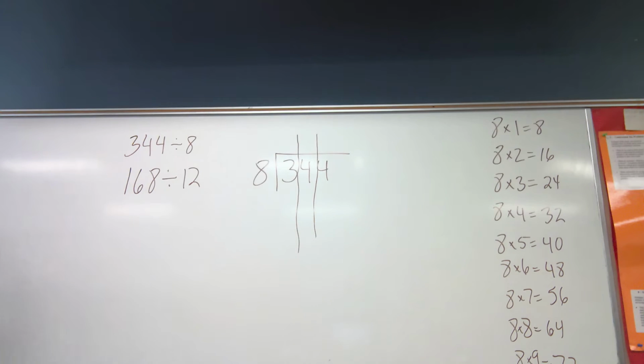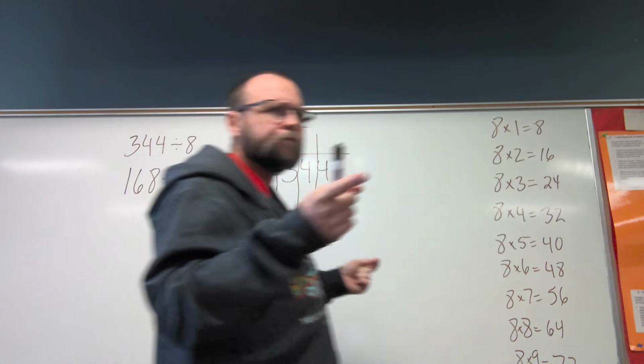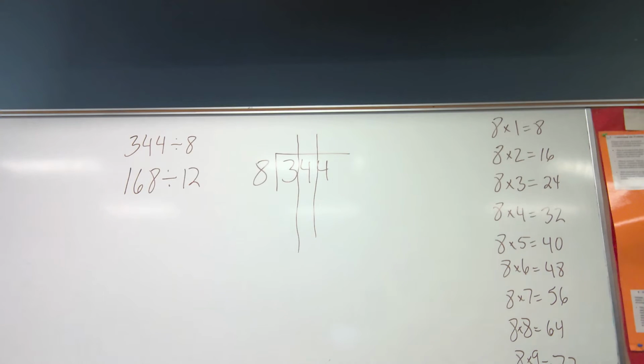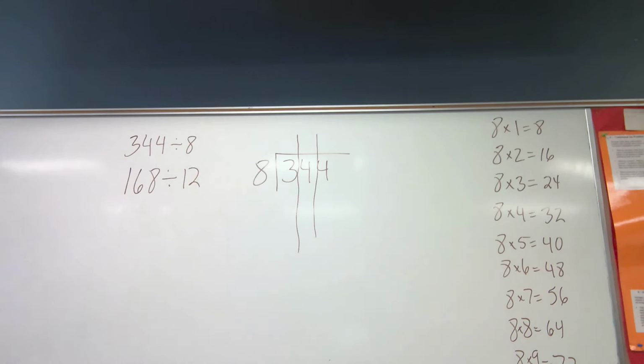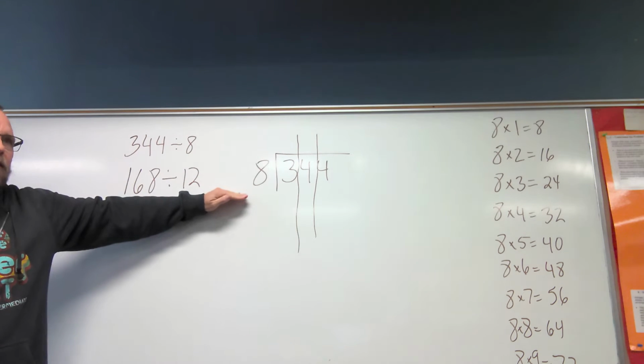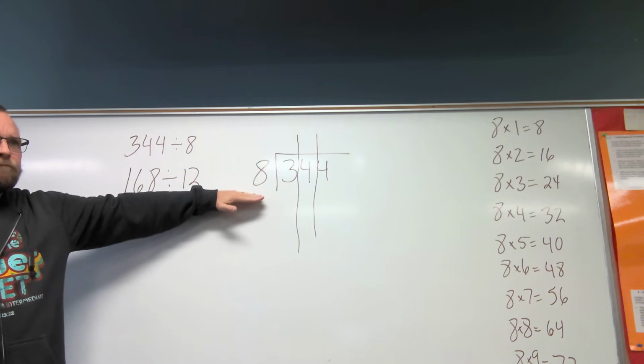It is important to put the numbers in your quotient in the correct place. But before I do that, let me ask Miss Ryback. In this problem, what is the biggest remainder I can have? 8?